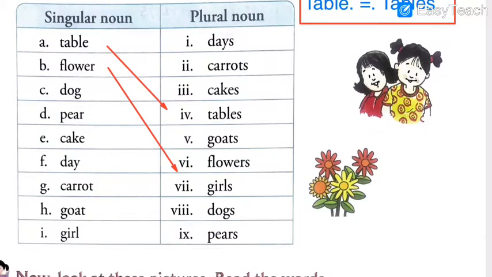So let's match it. Dog, dogs. Next one is pear. Just have to add s. So pears. Here is the correct option.